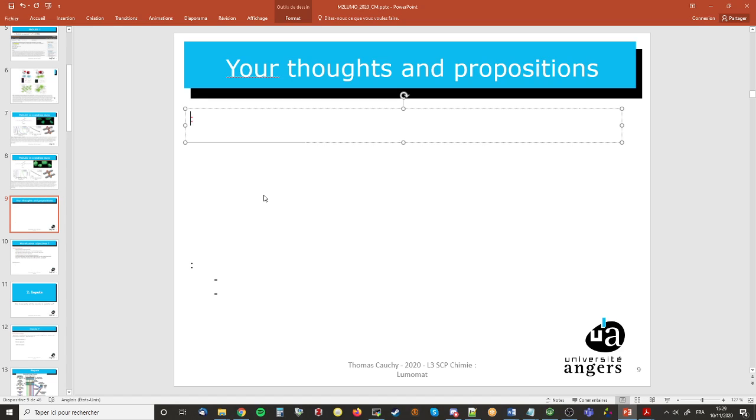For group 2, we propose the time-dependent density functional theory. For what? So this is a theoretical method.